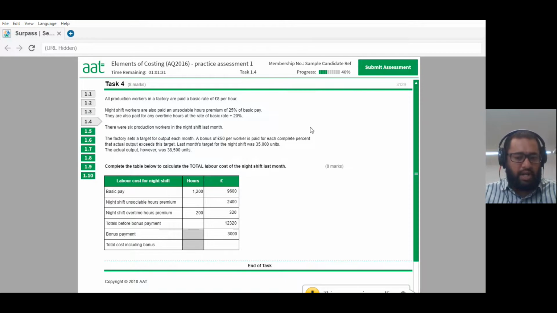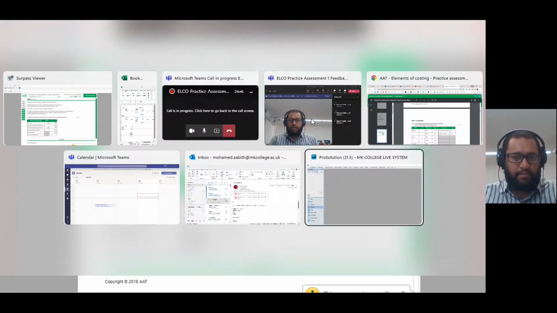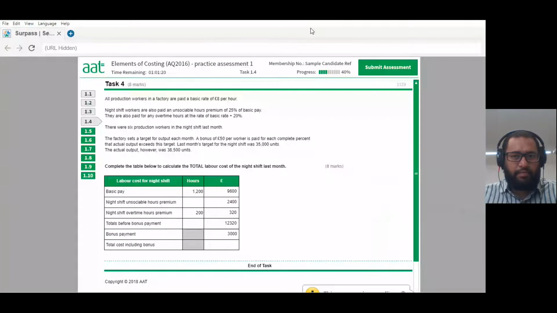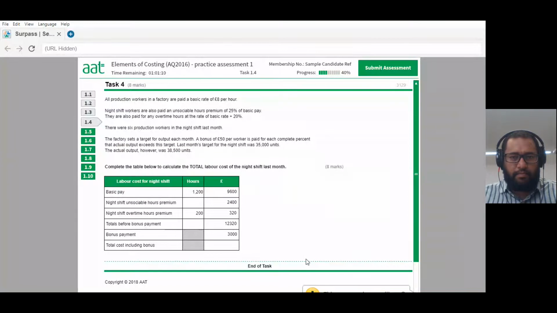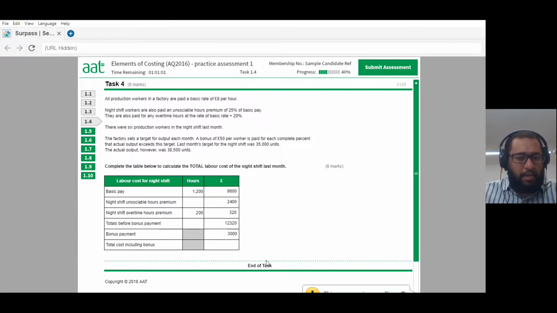So let me see quickly. Let me bring the SharePoint for you. Yeah, so the amount is going to be 15,320 pounds, because remember how the bonus was calculated?